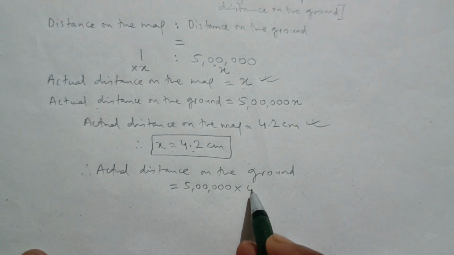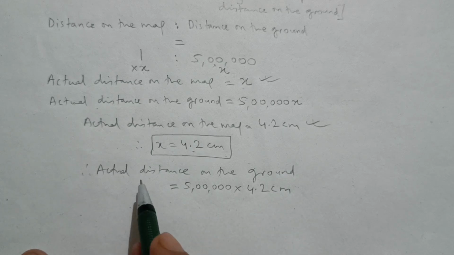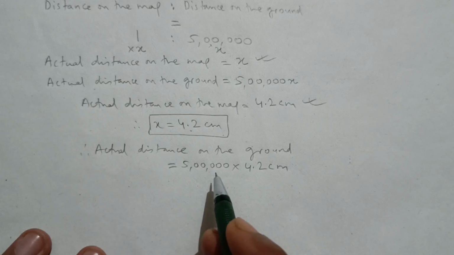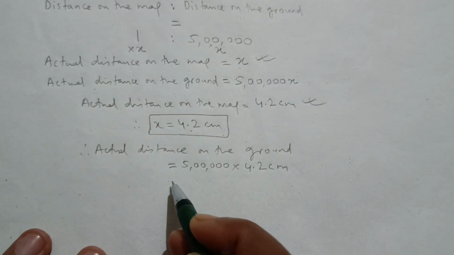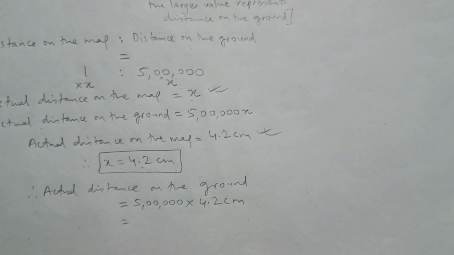So 5 lakh multiplied by 4.2 centimeter. If we solve this, we will get the actual distance on the ground between those two towns.